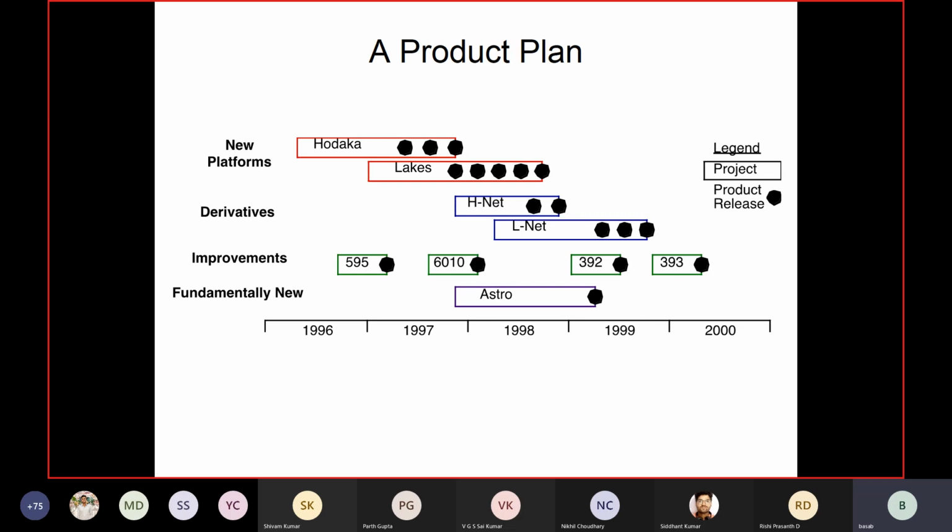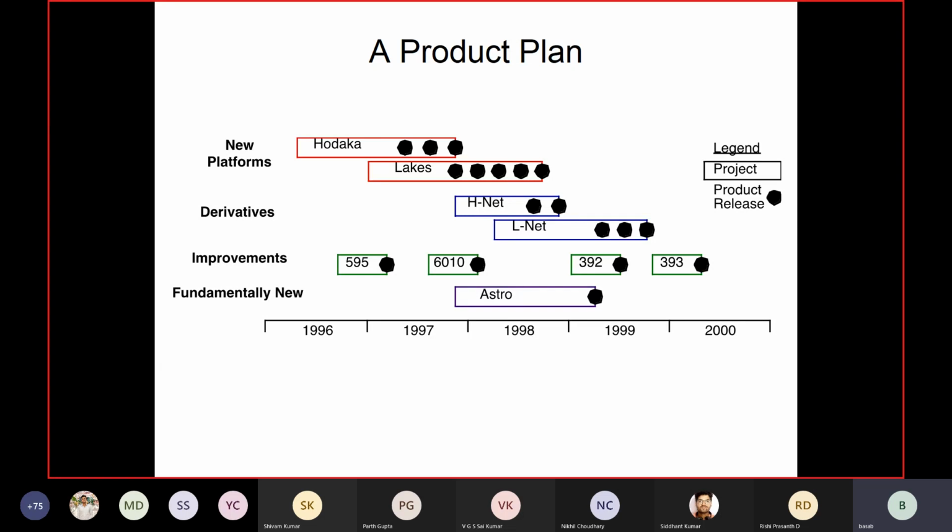So, the Xerox Lex project is basically aimed at the development of a new digital copier platform, and that's why you see the word Lex and Hudaka. Hudaka was there, I mean, is there. It will be a new platform, but after that, the derivative will come.